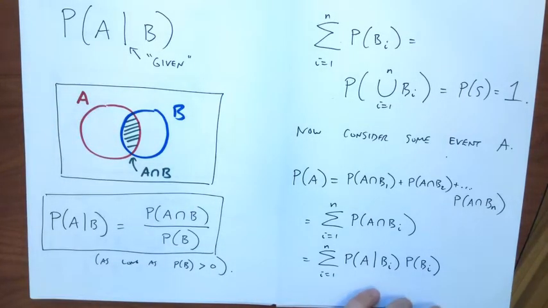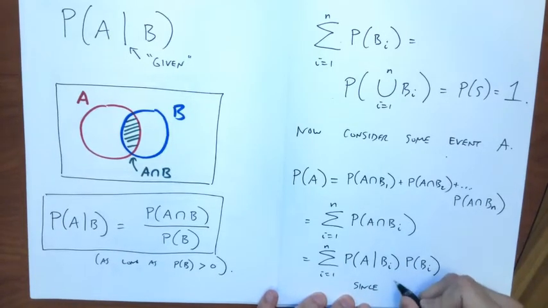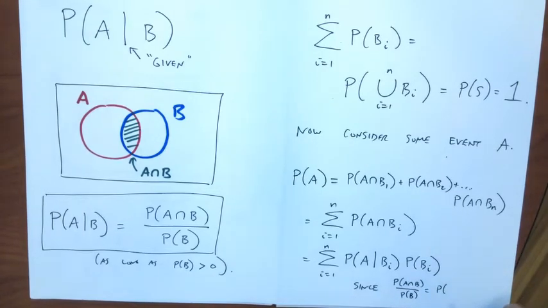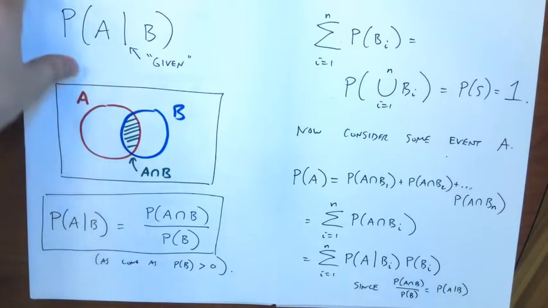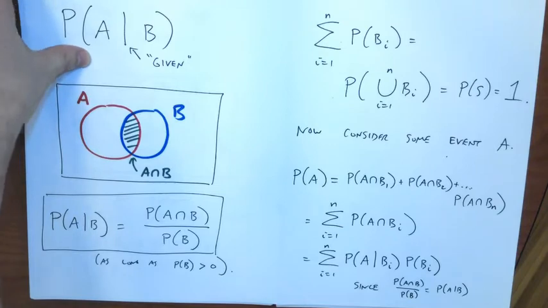Right? I'm just rewriting what's on this left-hand sheet of paper, since the probability of A intersect B over the probability of B equals the probability of A given B. Okay?